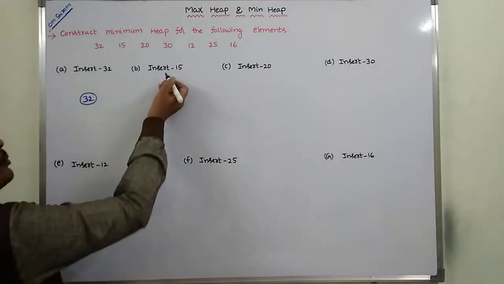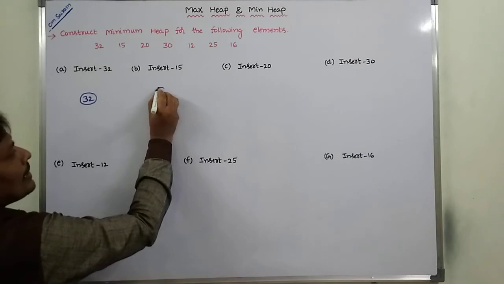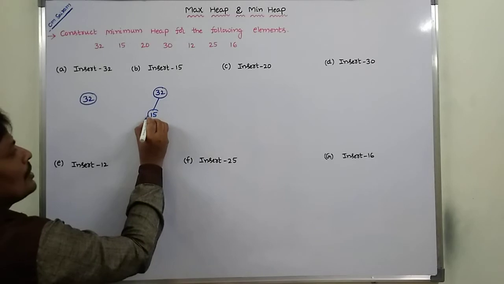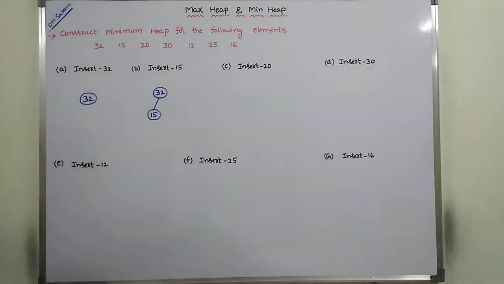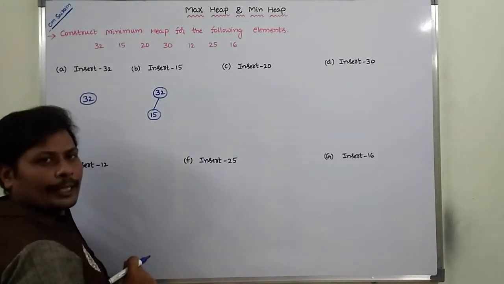Next, we have to insert 15. So 15 can be inserted as the left child of 32. Now, is it a minimum heap or not? Now 15's parent is 32.